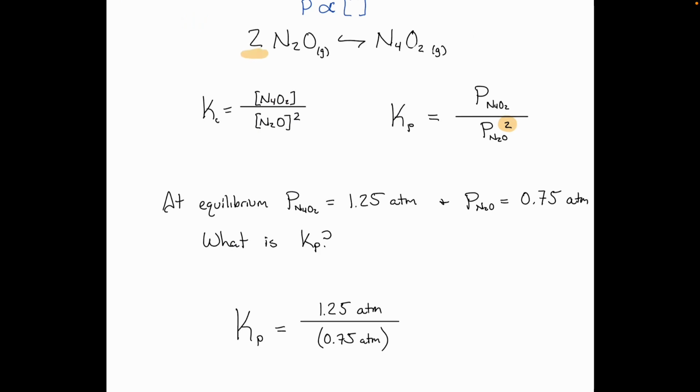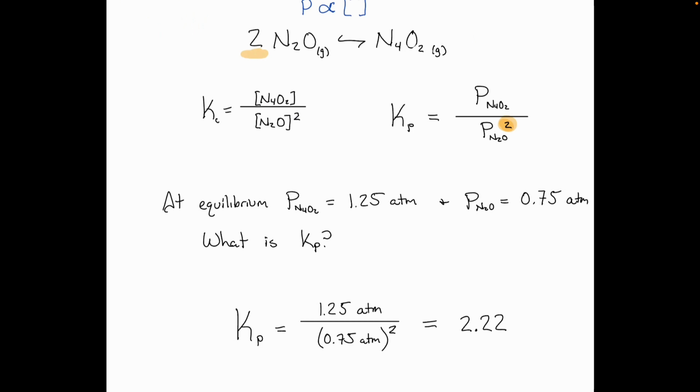And because there was a 2 as a coefficient, it became an exponent of 2 in my equilibrium expression. I need to make sure to square that 0.75 then. All right, so you're just plugging in variables. Just don't forget those exponents. That's kind of the most common mistake. Okay, so punch that into my calculator. We're just going to do 2 decimal places here, 2.2.